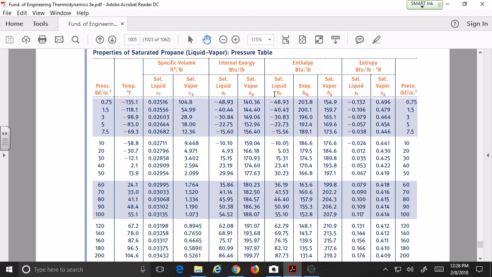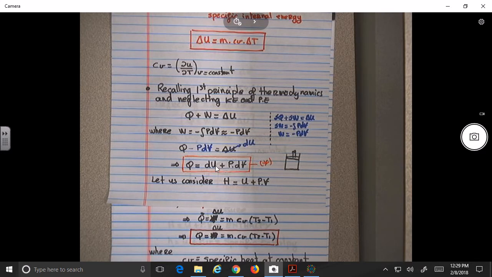The values of H will be the change in internal energy plus the work done by the pressure, no? Yeah? So that's what you really need to understand. I'd rather you just use the internal energy and then calculate the work using the general expression. Okay? But if you want it from the tables, the H already includes the internal energy plus the work done by the pressure.